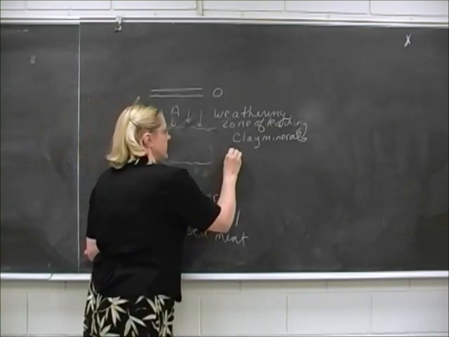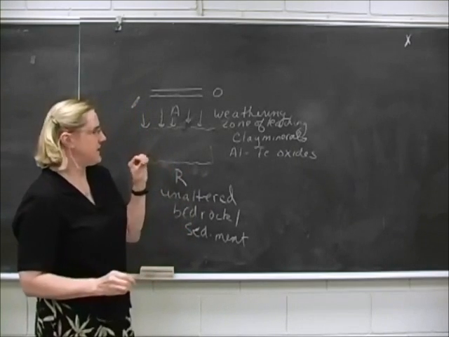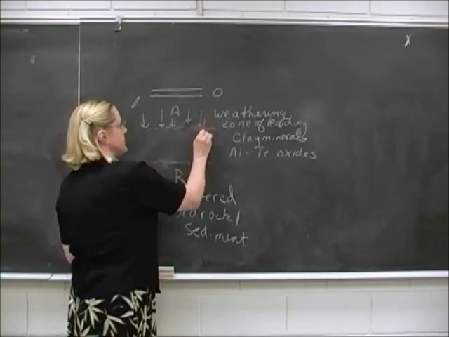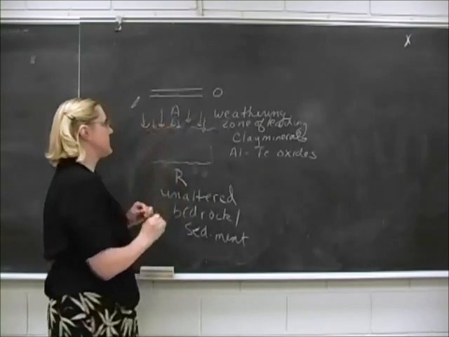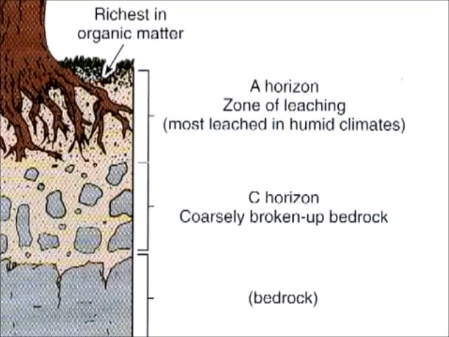Or they may be what we call just general aluminum or iron oxides. And these materials, we'll find out in a minute, are very fine-grained, very much like flour. And they're also physically carried downward along with the water. And what's underneath this zone is a zone we'll just call weathered bedrock.